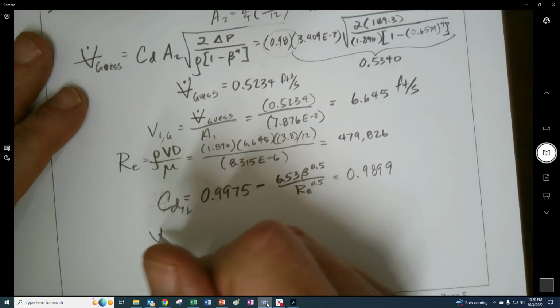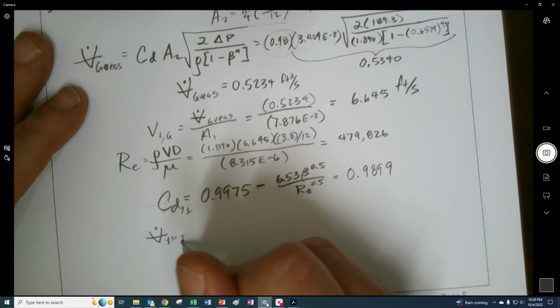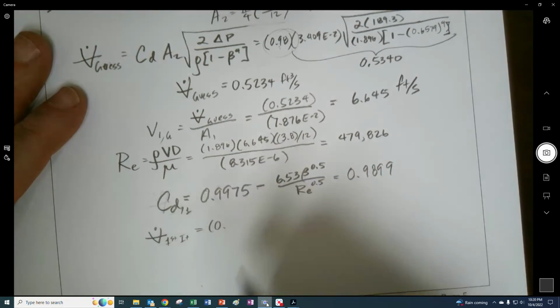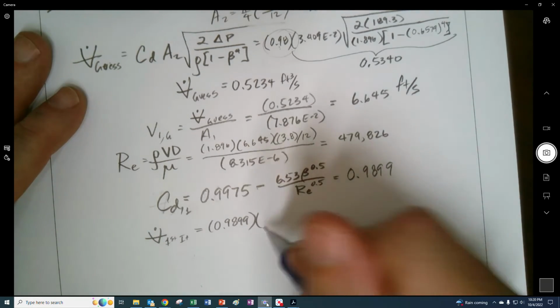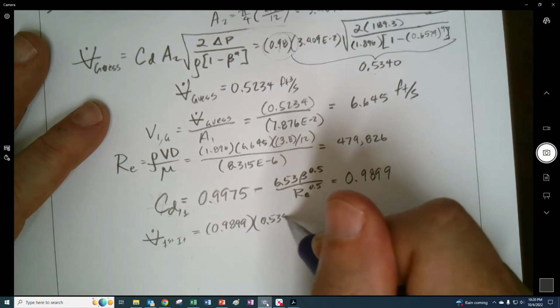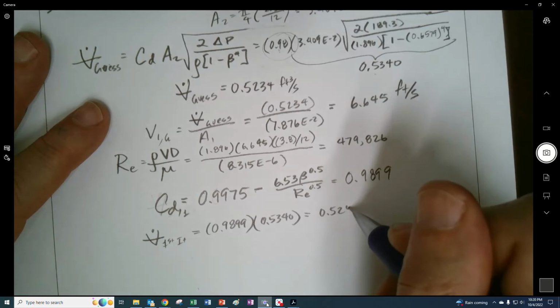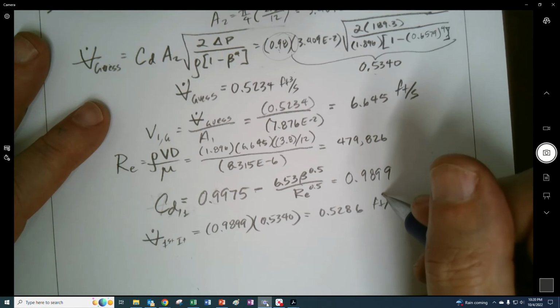So we can have now the second one. The first was a guess. This is the first iteration, 0.9899, and multiply it by 0.5340, and we had 0.5286 cubic feet per second.